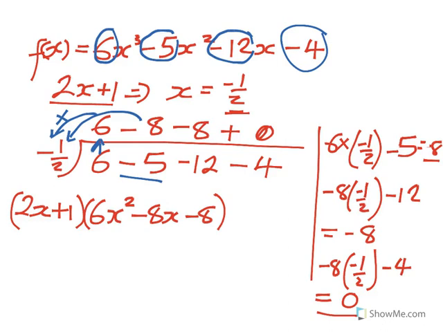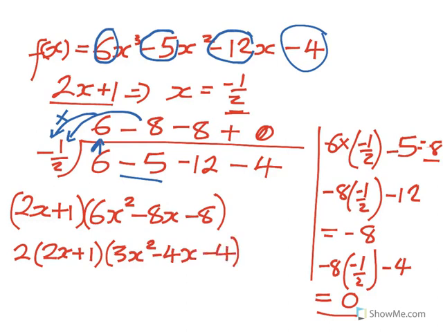And then when you do this, you can see that 2 is common inside those brackets. You are going to have 2x plus 1. 2 into 6 there is 3x squared minus 4x minus 4. Using the product sum method, you are going to have 2x plus 1, and then this is what you're going to come up with.